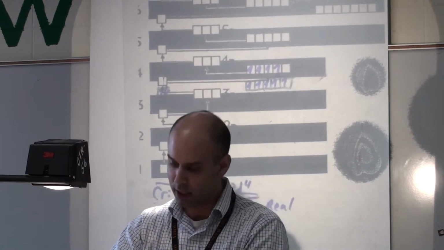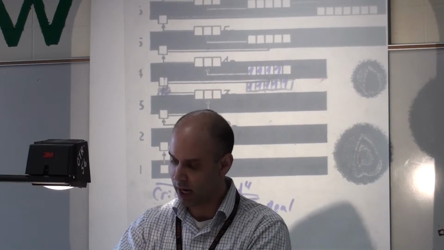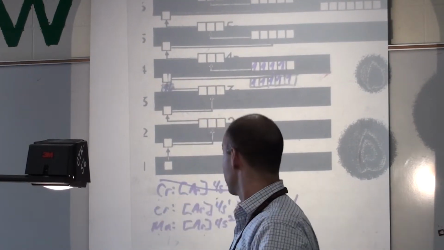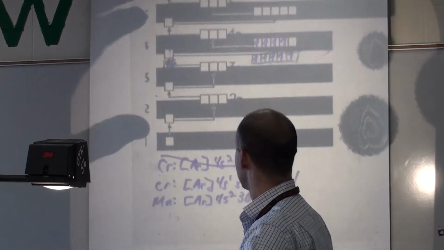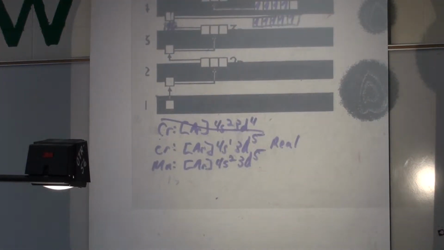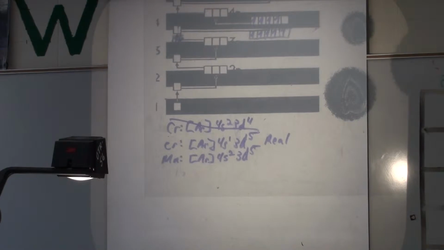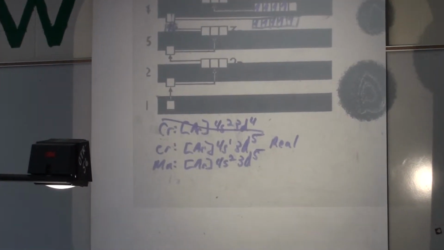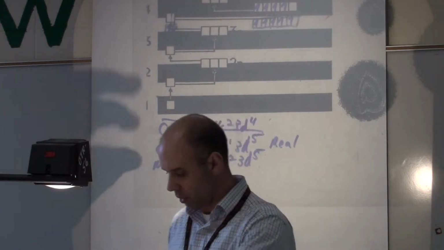So when we look at manganese, manganese is argon 4s2 3d5. And then it continues normally as we were doing before.